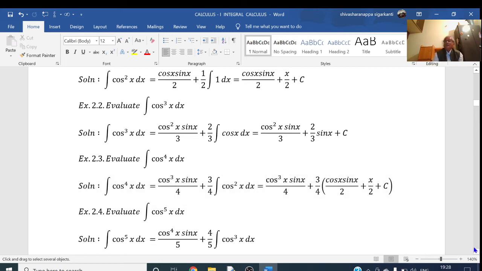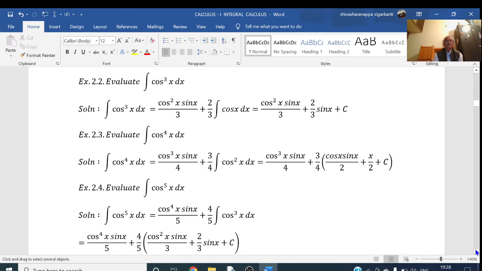Similarly, finding the integration of cos 5th x, n equal to 5. This becomes cos x to the power of 4 into sin x divided by n, that is 5, plus n minus 1, that is 4, divided by n, that is 4 by 5, into the integration of cos x to the power of n minus 2. N is 5, 5 minus 2 is 3.